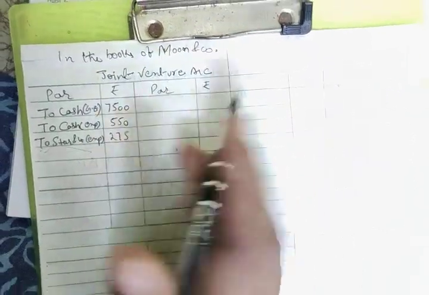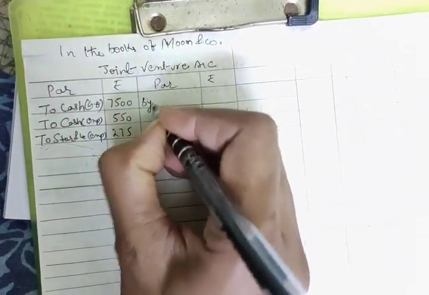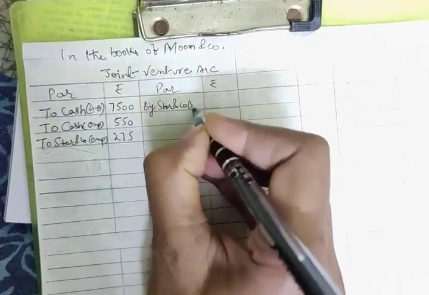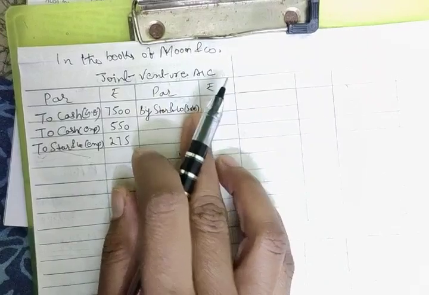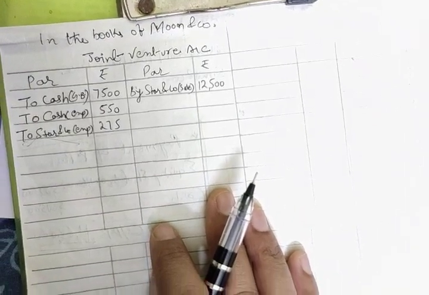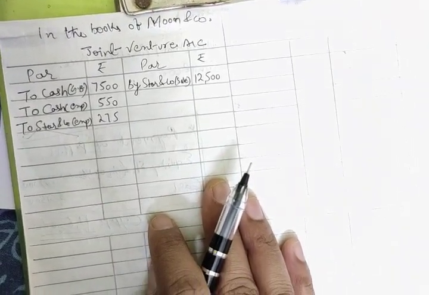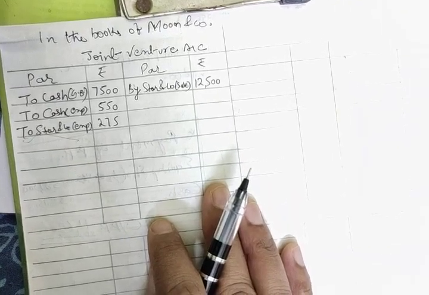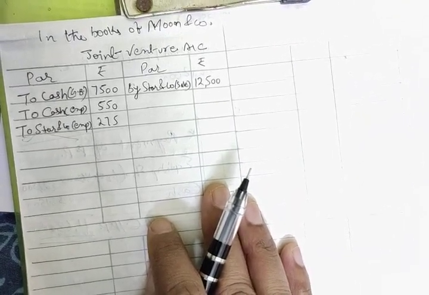So for sale we are going to do the credit, so it will be by Star and Company. I'm just writing in a bracket for your understanding. How much amount? 12,500.